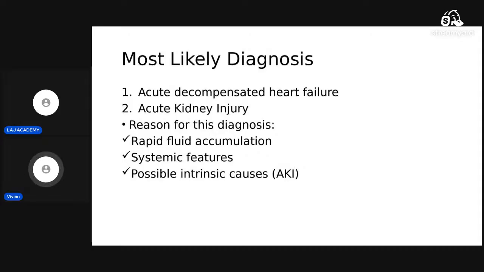But amongst all of the differential diagnoses, the most likely diagnosis is either acute decompensated heart failure or acute kidney injury. The reason for this is the rapid fluid retention over 3 weeks, the systemic symptoms of breathlessness, and then there could be possible intrinsic causes, like if she was on any of those medications or any problem with either her kidney or heart.